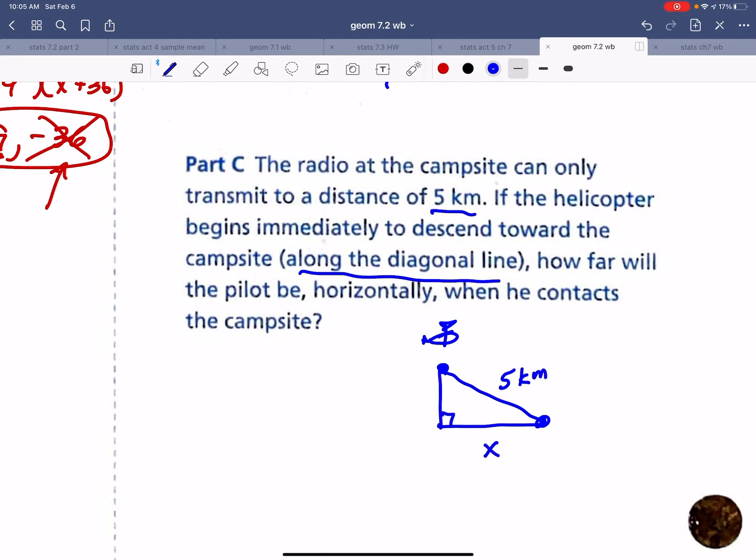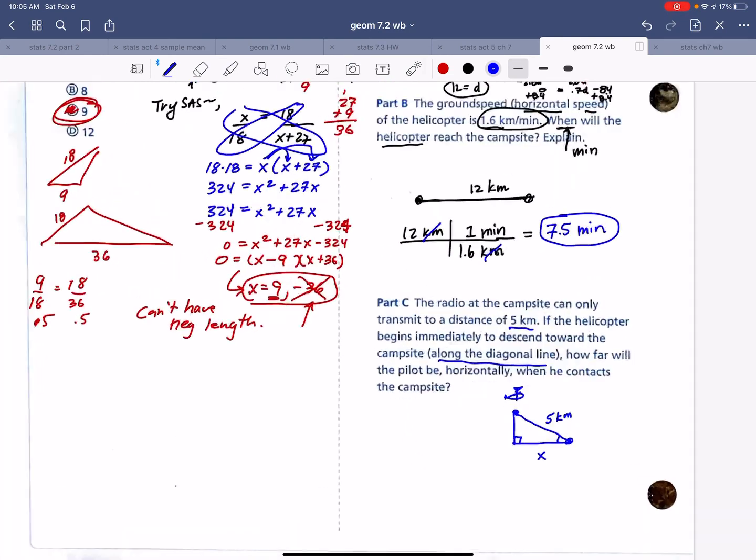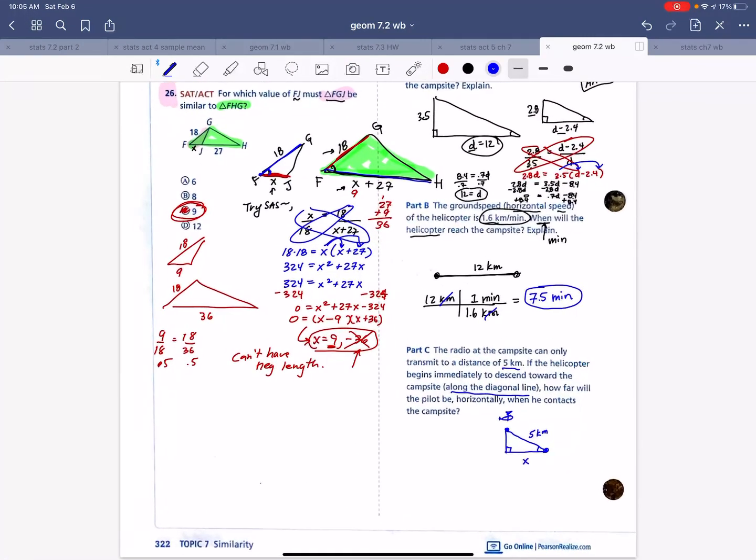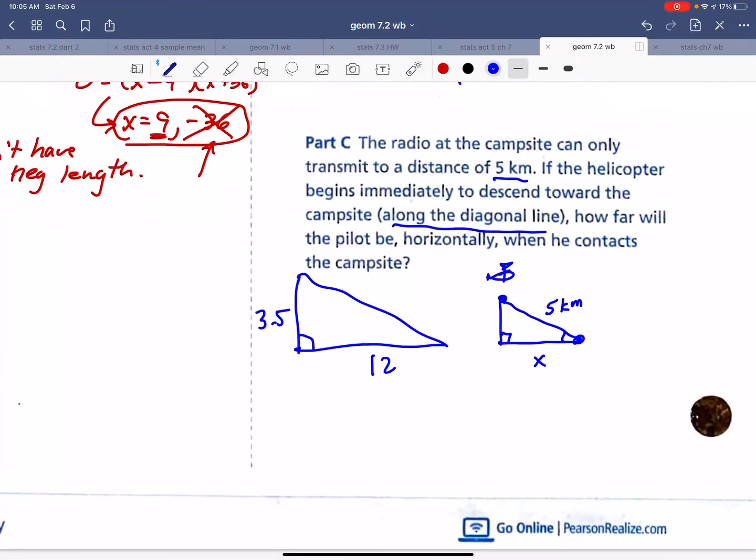right? Well, we know that this is similar to this other triangle we have. So we have our bigger triangle. This is 3.5, and this is 12, right? And so we can just order these sides least to greatest, right? So we have X, and we have our 5 kilometers. And so I need this, but I need that.